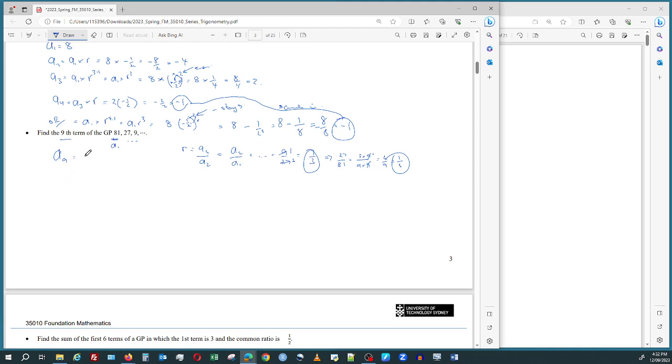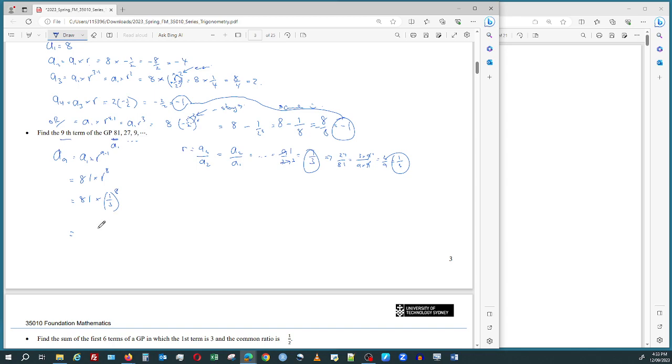Okay, so we're going to do the 9th term. So we can do A1 times R to the 9 minus 1, which is 81 times R to the 8, which is 81 times 1/3 to the 8. Now 9 nines are 81.